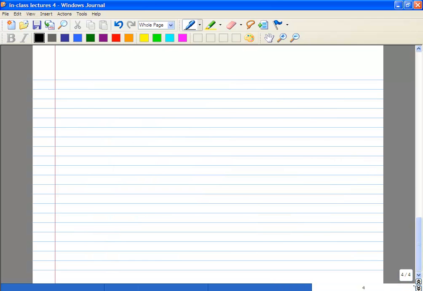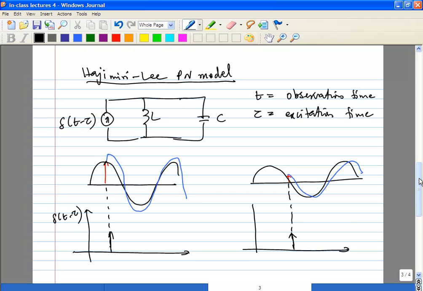Since your signal is very small, the noise which is being injected into the system is very small. You can think of an impulse response. So it's still a linear system, but a time-variant system. You'll have an impulse response which is dependent on tau, which is the point at which your noise is injected.